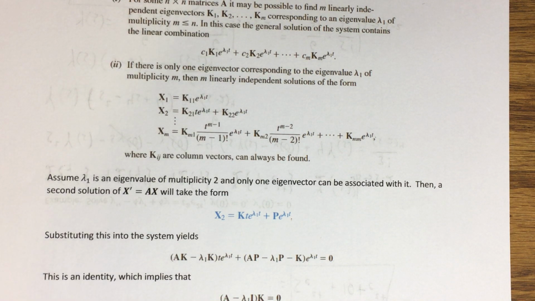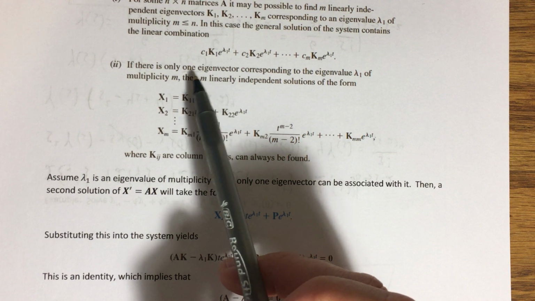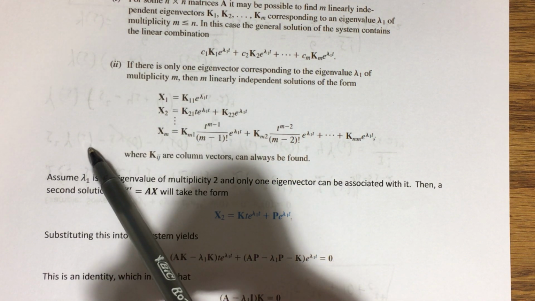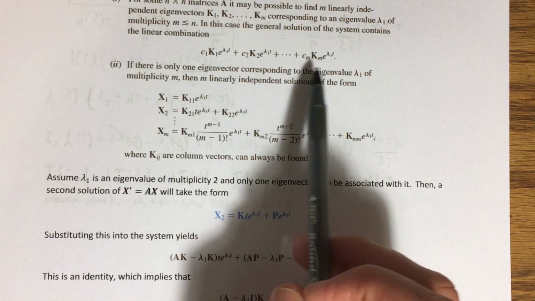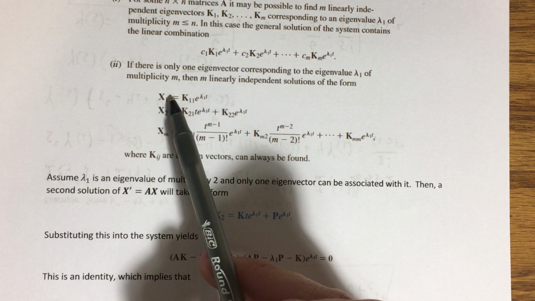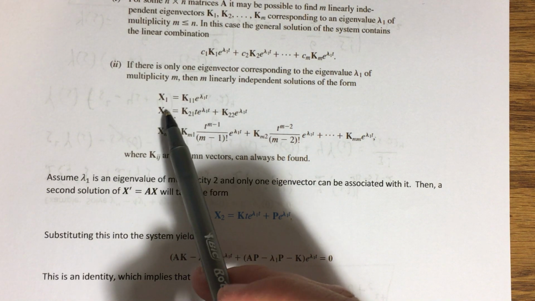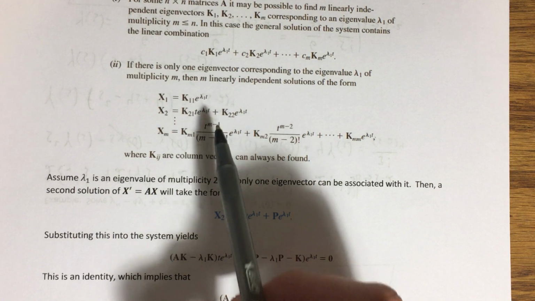You can only find one. In a case like that, we can construct additional solutions out of our one eigenvalue, and those new solutions that we construct will be linearly independent when we put them into a set.